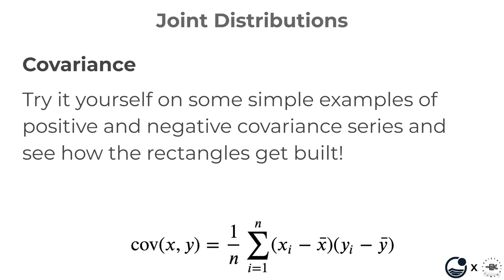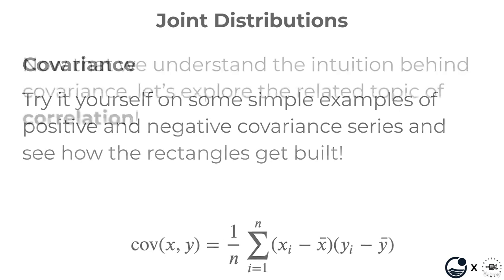So just see if you can create your own little data set with 2 or 3 rows, and then go by hand, maybe plot them out just generally by hand, and then see how that actually ends up reflecting the formula of covariance. So the formula for covariance can seem very intimidating at first, but it's literally just drawing rectangles and then taking the average value of the area of those rectangles.